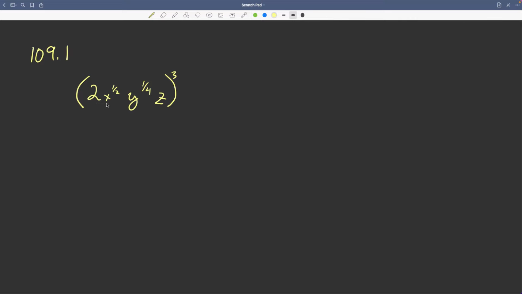Now, when we have all factors, these are all multiplied against each other, and you have an exponent, you can just multiply this times this, because what we have is this. This would equal 2 times 2 times 2 times x to the 1/2 times x to the 1/2 times x to the 1/2.